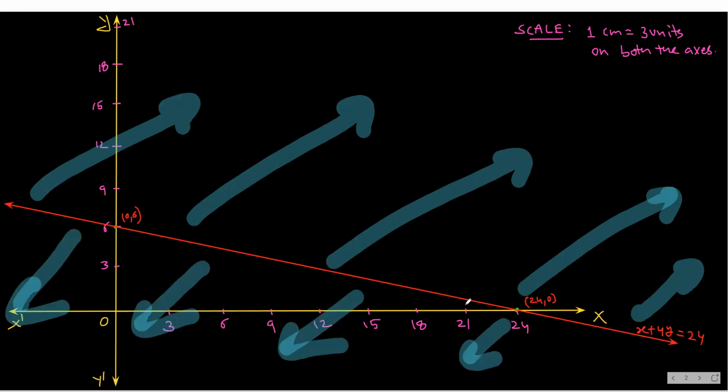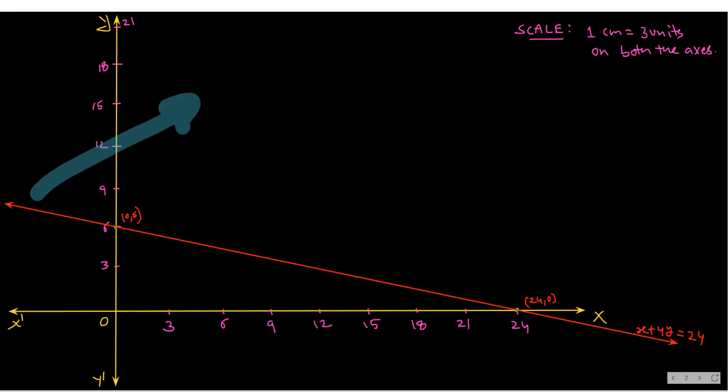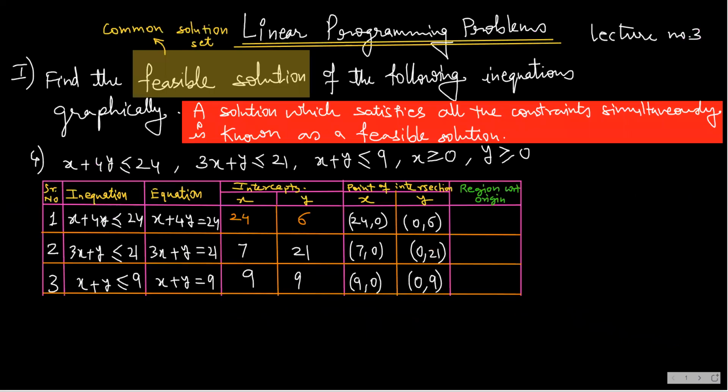Now, the inequation that we have in the question, which region does it indicate? Does it represent the origin side of the line or the non-origin side of the line?